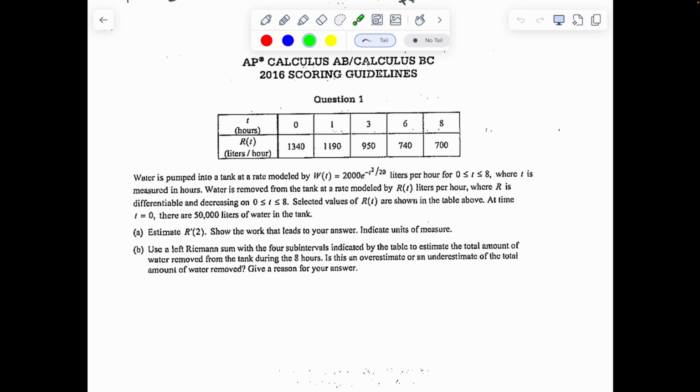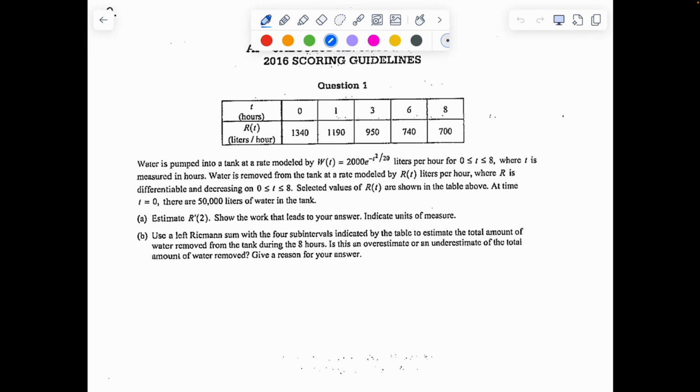If you don't know the derivative and you are given a table, you can approximate the instantaneous rate of change, aka the derivative, by using an average rate of change, aka a slope. So if I want to approximate R prime of 2, I'm looking at these two values because the average between 1 and 3 is 2.